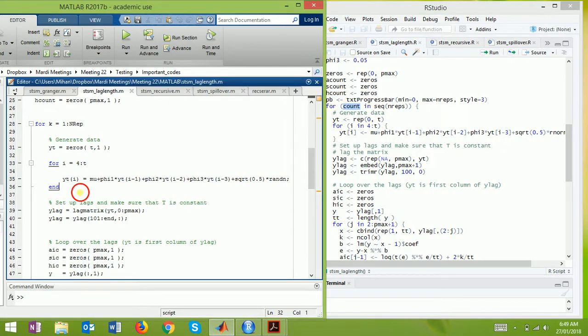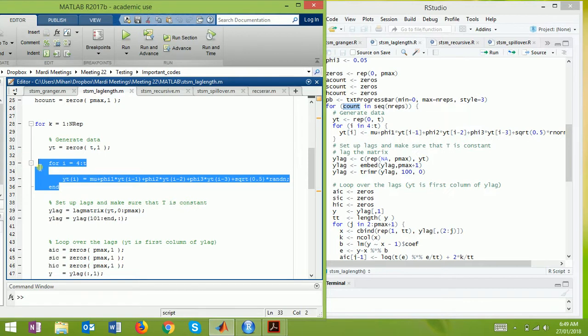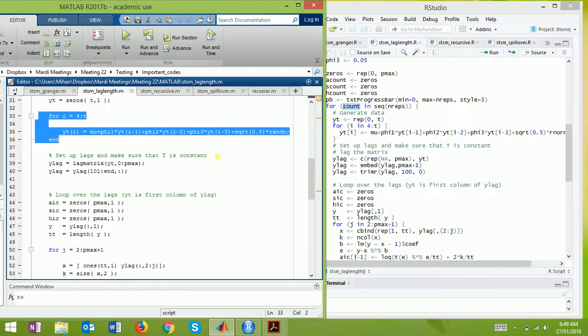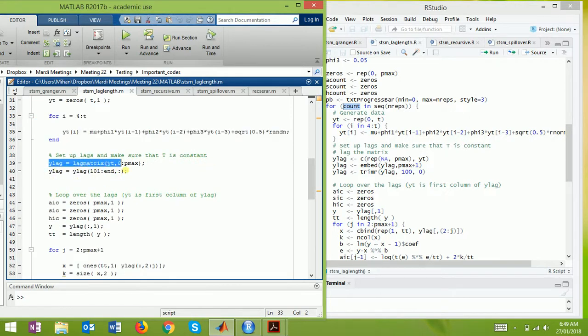We write this equation, then this is done and we get yt for like 50 or 100 times. Then we set up the lags to make sure that t is constant. Y lag matrix yt is 0.